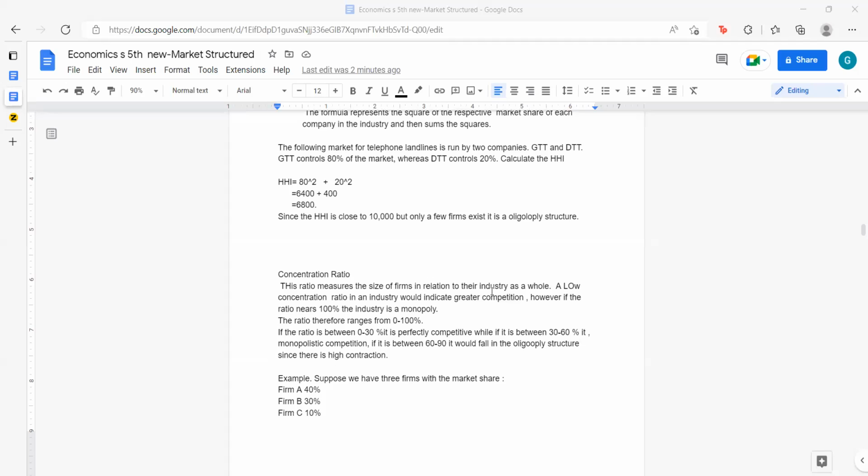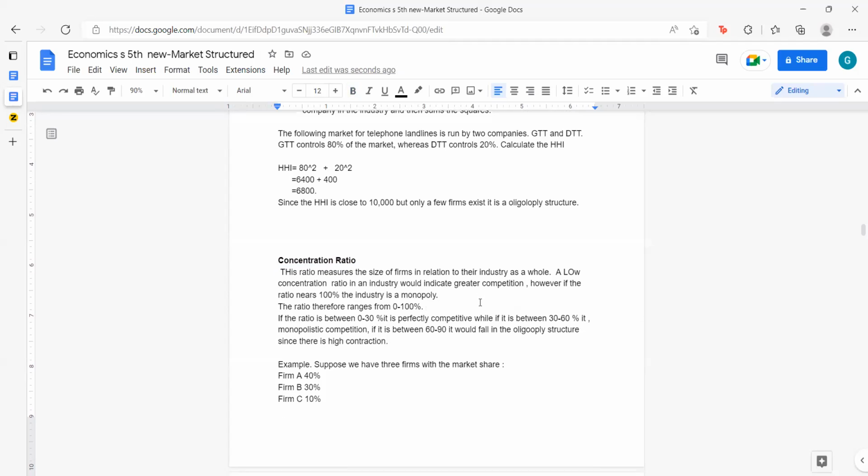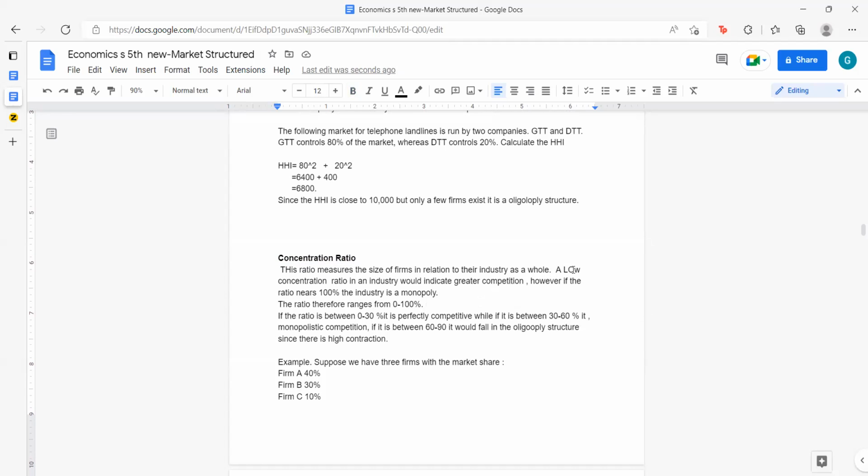What we have now is another measure we can use to determine the level of concentration or competition in the industry. So we have the concentration ratio. The ratio measures the size of the firms in relation to the industry as a whole. A low concentration ratio indicates greater competition.